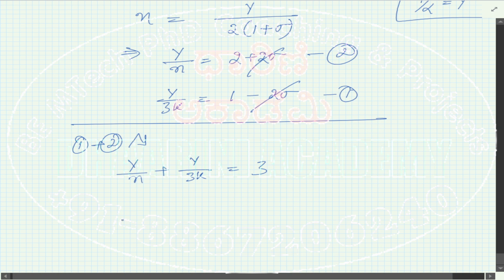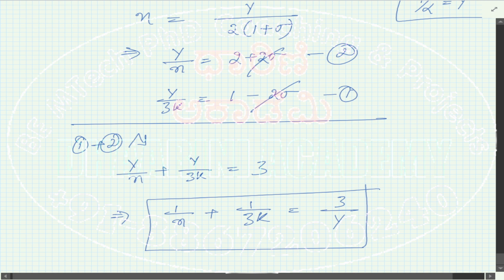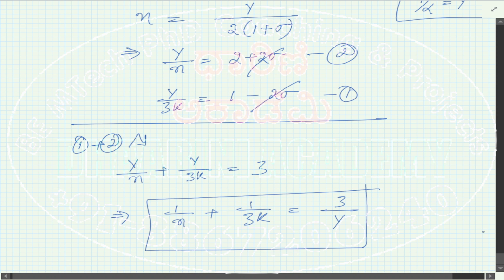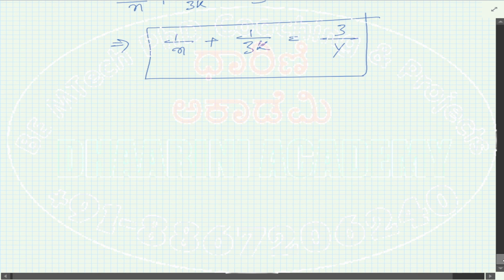Okay, so this implies I can write 1 by n plus 1 by 3k is equal to 3 by y, which is the required equation that relates all the three coefficients. All the three coefficients can be equated like this. All right, then let's move to the next topic.